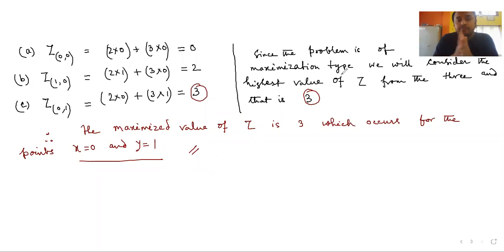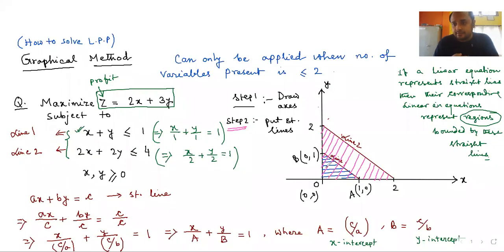Second important part is, why did I consider these corner points only? There is a theorem in linear programming which says that if you get a closed region bounded in the following manner, these types of regions are known as convex polyhedron, and the corner points of the convex polyhedron contain the optimum solution.